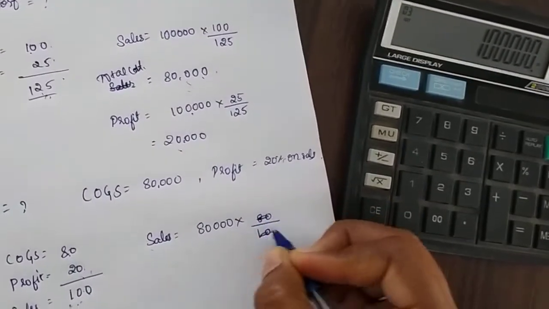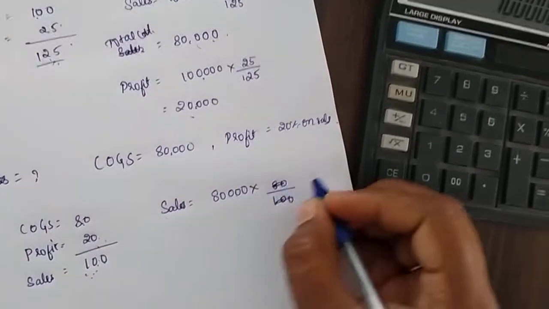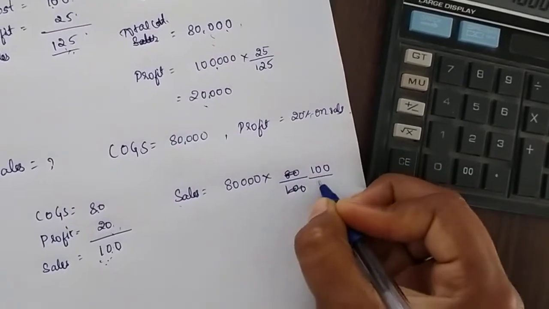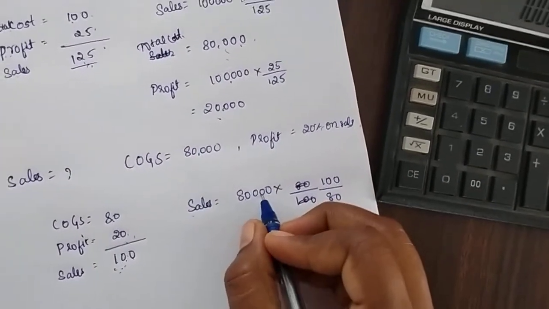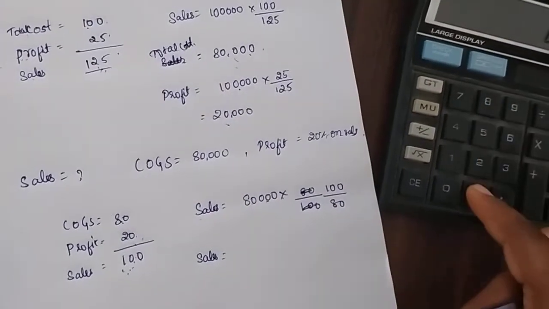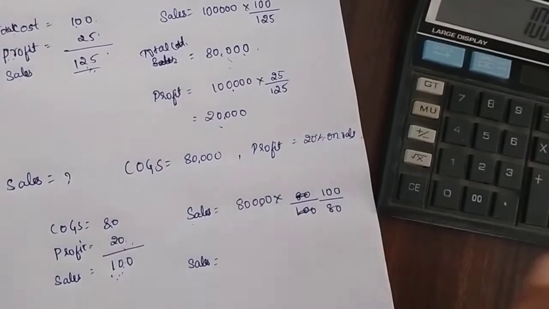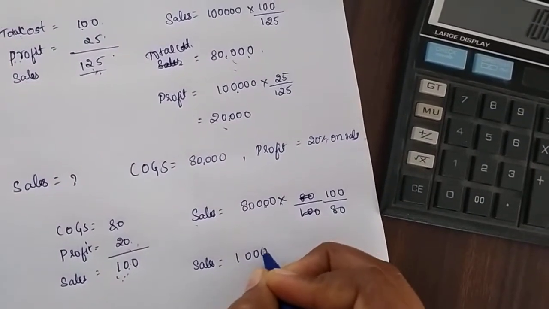Sales is equal to 80,000 into 100 divided by 80, since based on the cost of goods sold we write 100 divided by 80. So sales is 80,000 into 100 divided by 80, and we get 1 lakh.